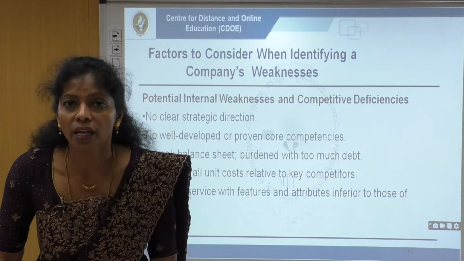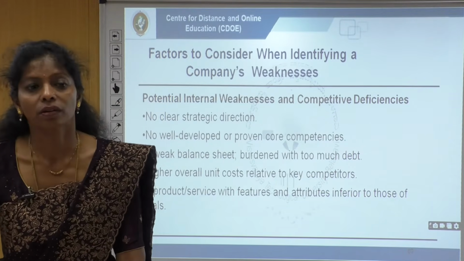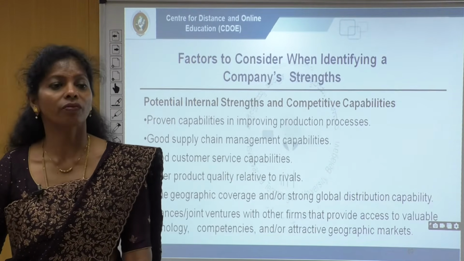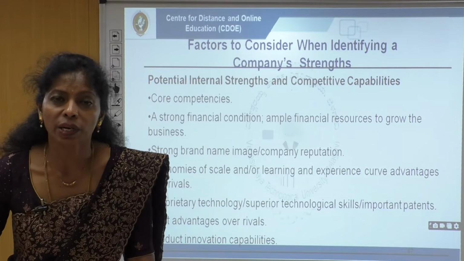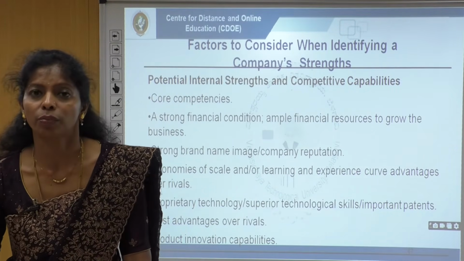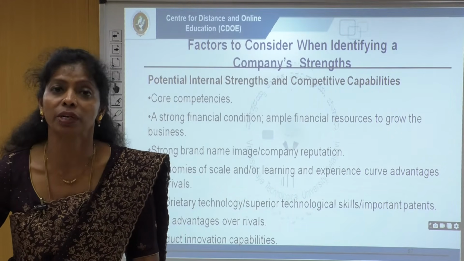So, these are the factors to be considered when identifying the company's weakness. If you observe these strengths, as I told you previously, one company's strength can be a weakness to another company. A resource can be a company's strength.